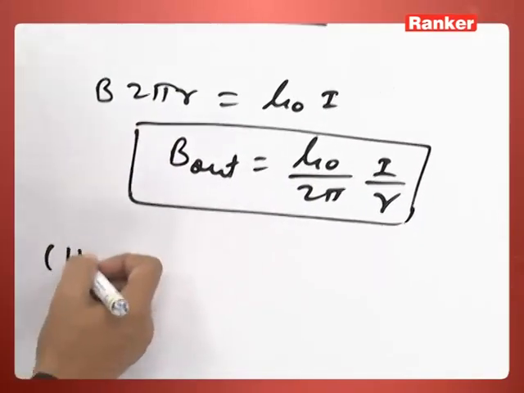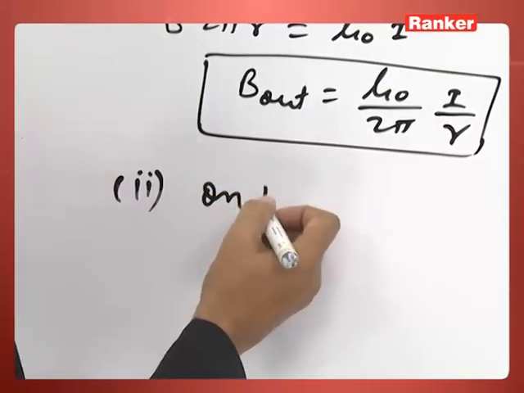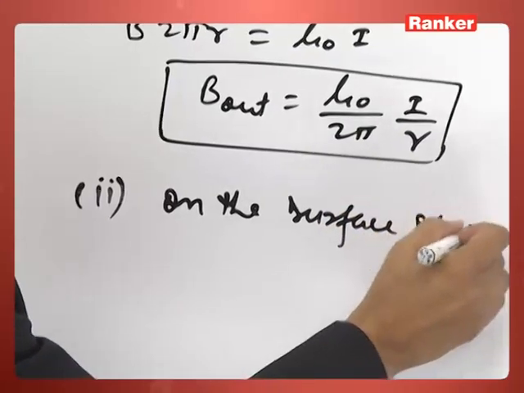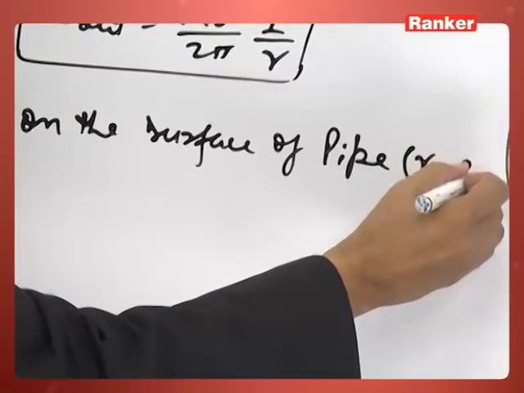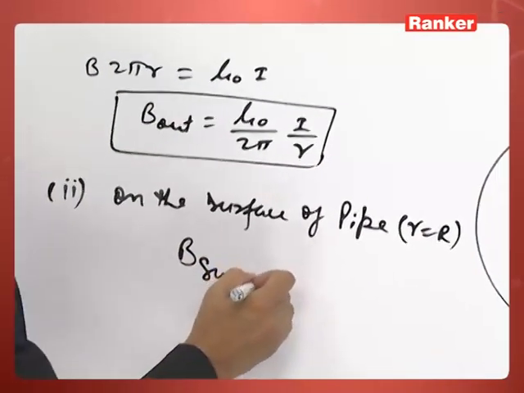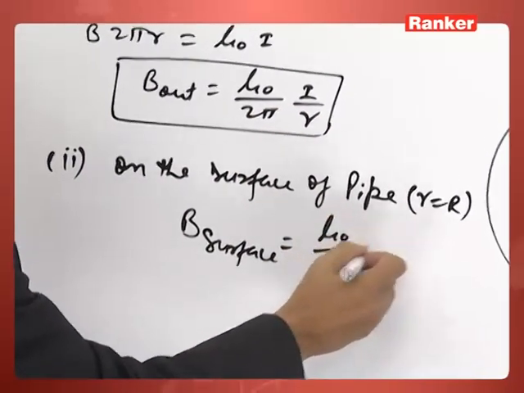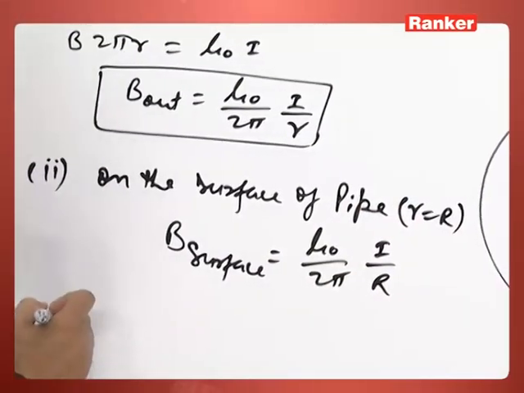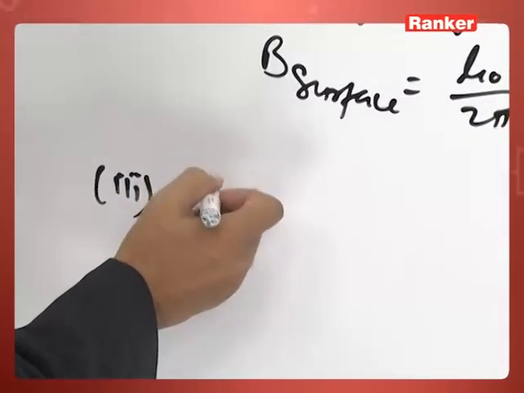Similarly, if we look at the surface of the pipe, surface of the pipe means r is equal to capital R, so no need to do anything extra. Directly we can write it by replacing small r with capital R. Now third, the important point here, the inside point.